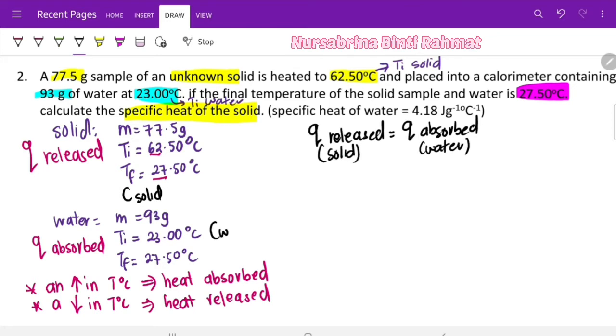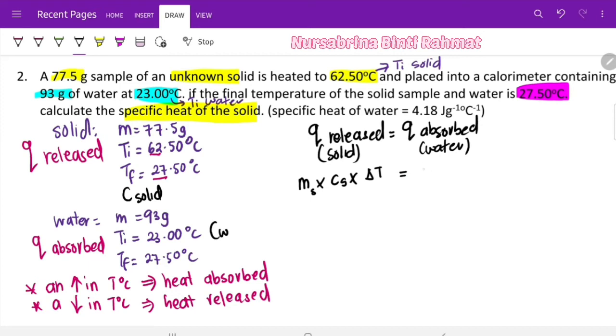So the formula, since both solid and water have a specific heat capacity value, your Q should be mass times specific heat capacity times the temperature change.